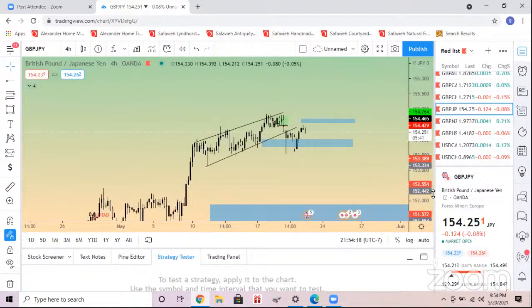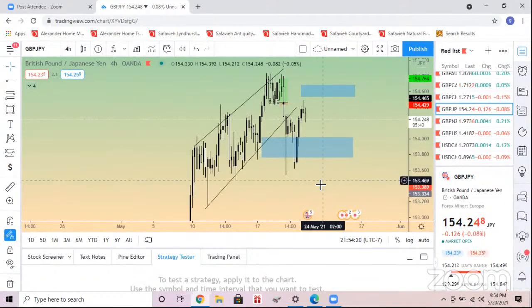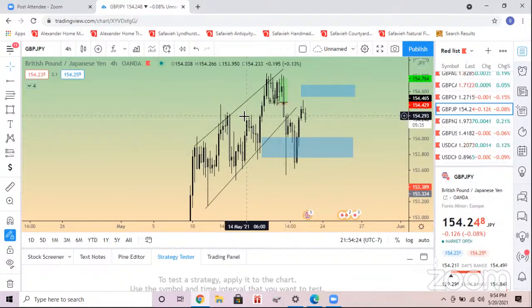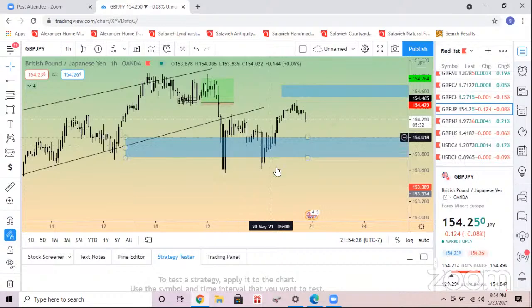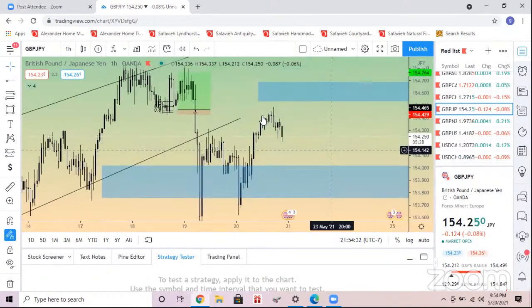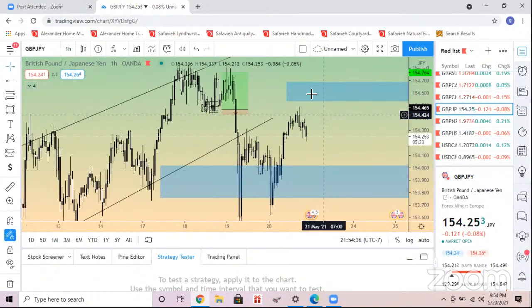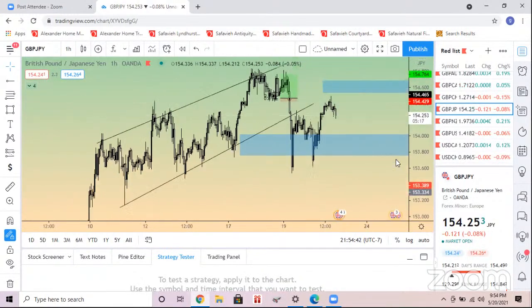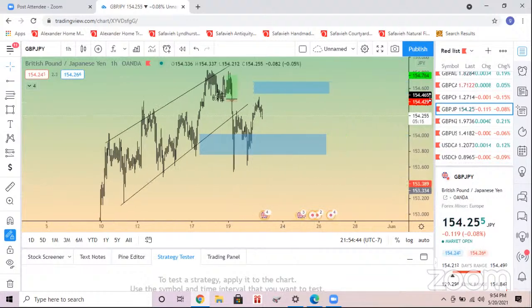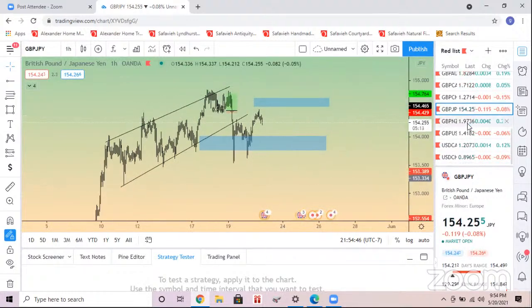So let's see if this is able to come down lower. Looks like it might be trying to distribute in here, but it's not quite high enough. And I don't know. This is also counter trend, so can't take too many counter trend trades.